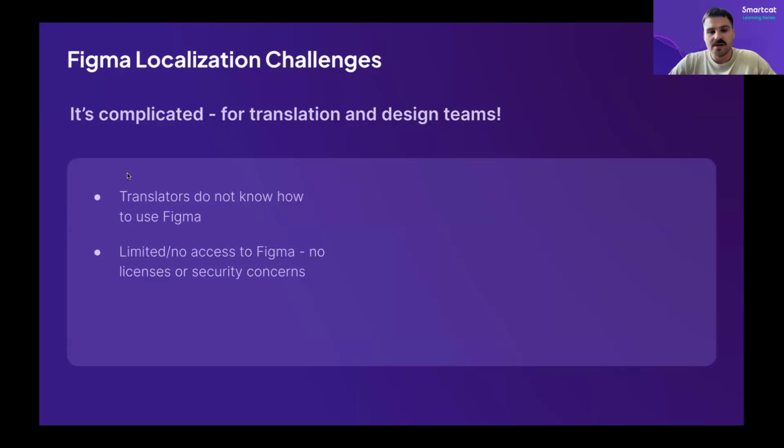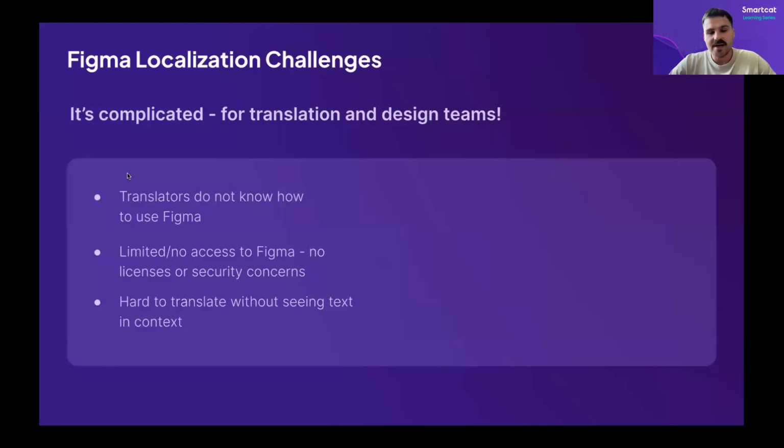If you are using an internal translation team and you want to let your translators get into Figma anyway, you need to provide them with licenses, which could be costly for you. And if you are using an external translation team, there are security concerns about allowing people from different companies to get into your Figma account.